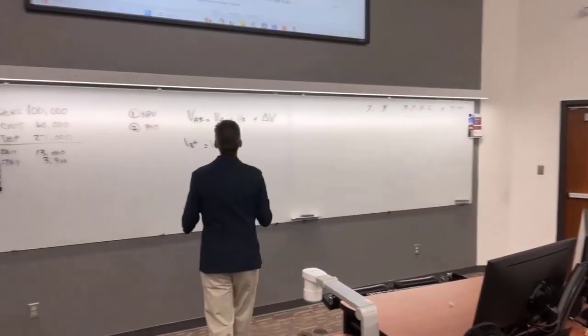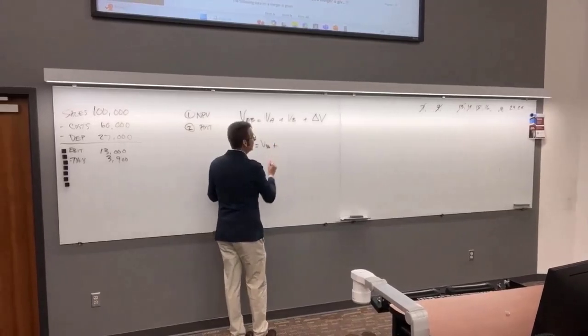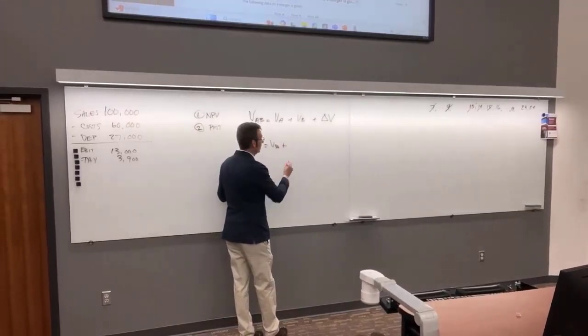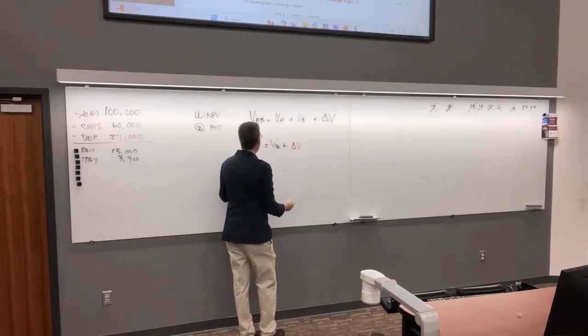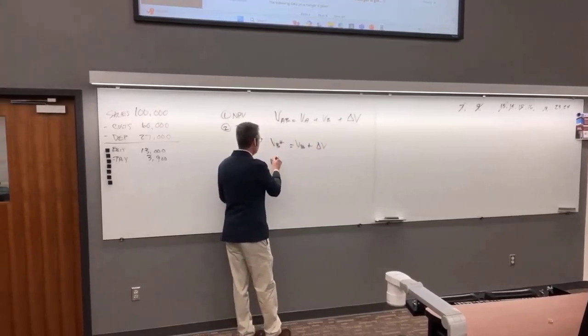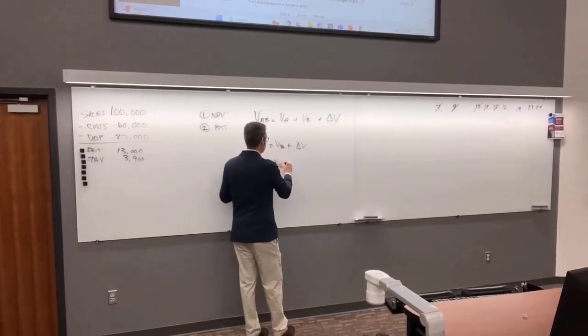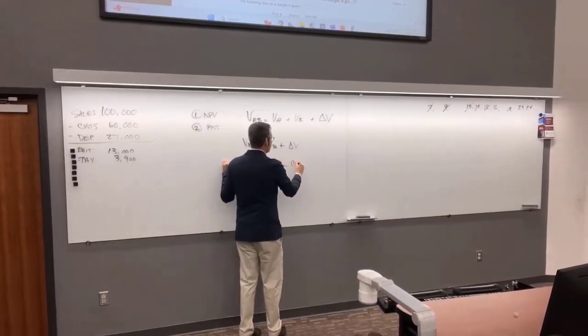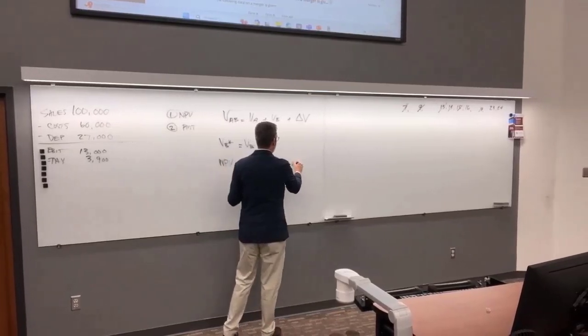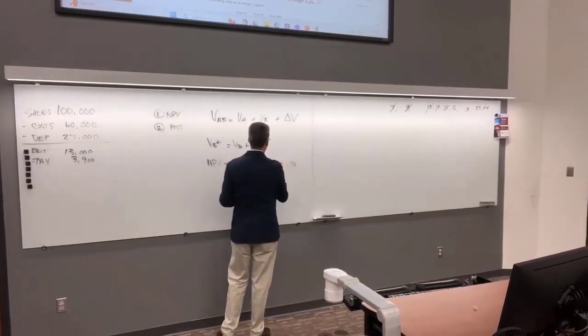Yeah. Plus what? Yeah, the incremental value. And then we're going to say that the NPV is equal to VB star minus the cost to A to acquire B.